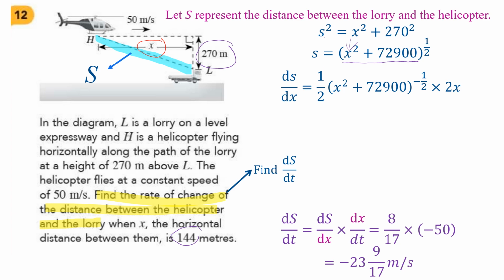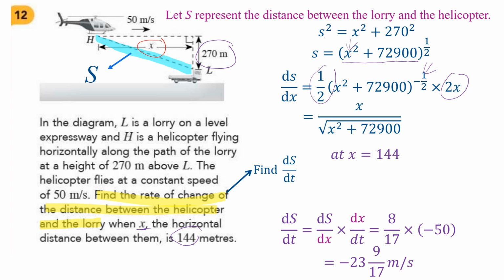And then your half and your 2X can simplify further to get X. And change this to positive index. So that is X over square root of X squared plus 72900. And I can now substitute my X to be 144. Can you see? When X is 144. So now I can substitute X to be 144 to find my ds over dx.